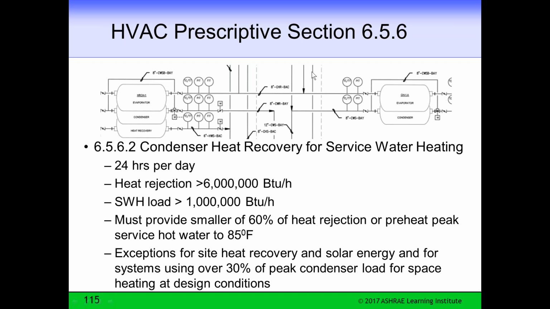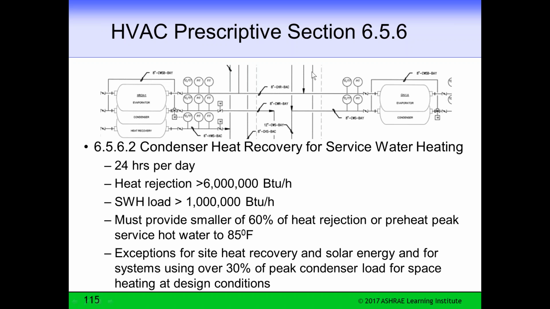But this is in the standard, and if your building happens to fall under these requirements which trigger it, which is the heat rejection of 6 million, service water heating load of 1 million, and the 24 hours per day, you have to use it for the water heating, but you probably do want to go ahead and put in some other loads so that you can have a nice even load for the chillers to work against.